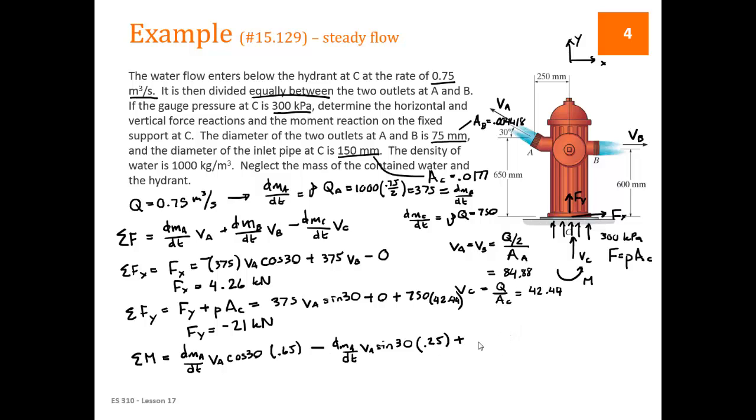And then we do VB, so dmb dt times VB, all of VB, and that distance is the 0.6 or 600 millimeters, and that is also negative.